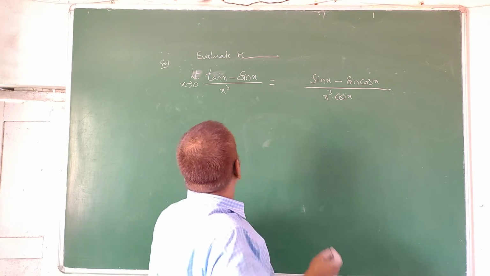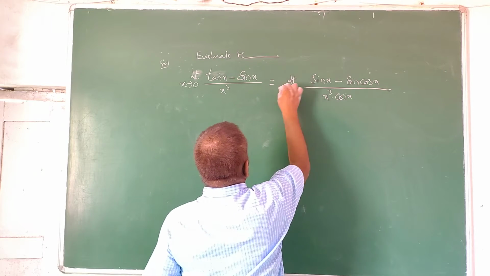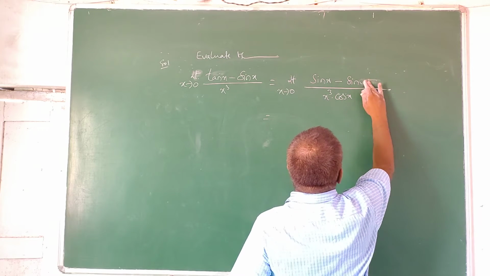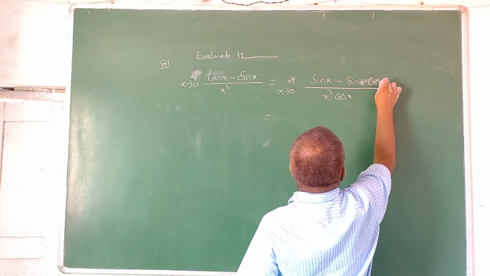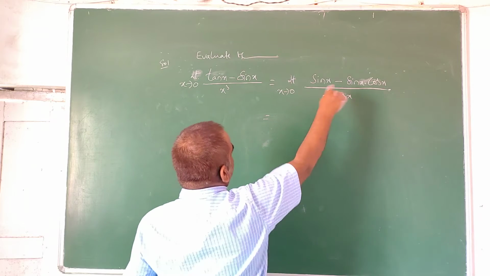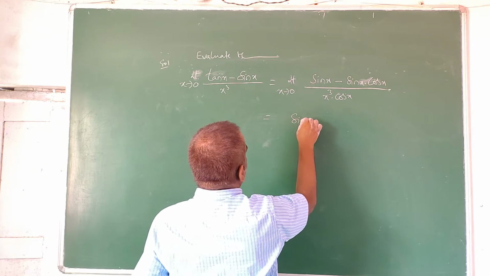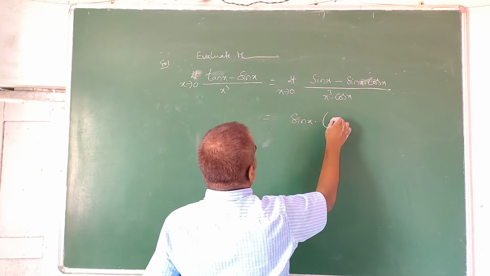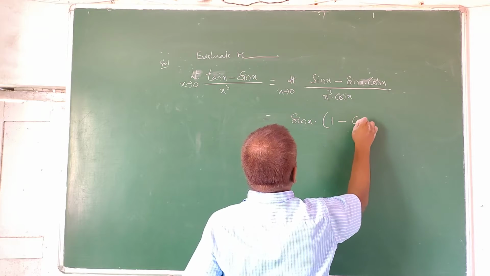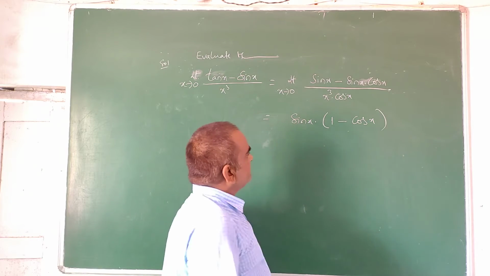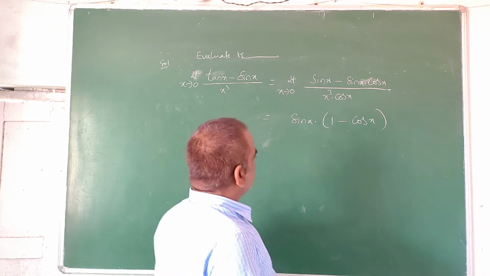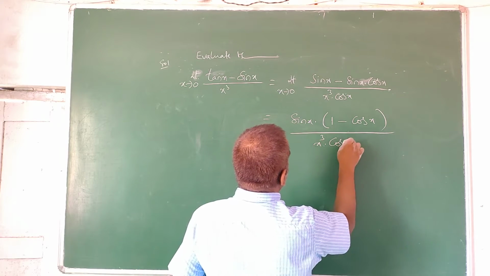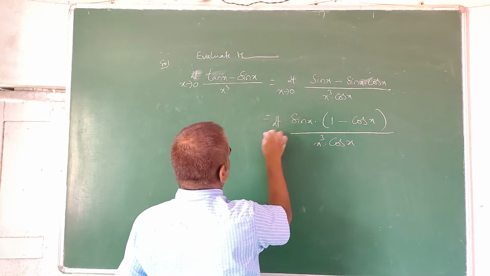So we get this as limit x tends to 0. Now here you take sin x common. In the two terms there is sin x common, so after taking sin x common, you will have 1 minus cos x. Are you following everything? So it is sin x into (1 minus cos x) by x cube into cos x as the limit x tends to 0.